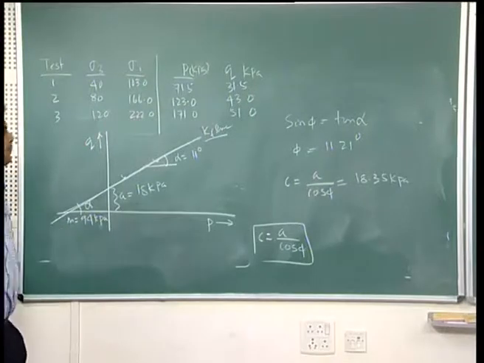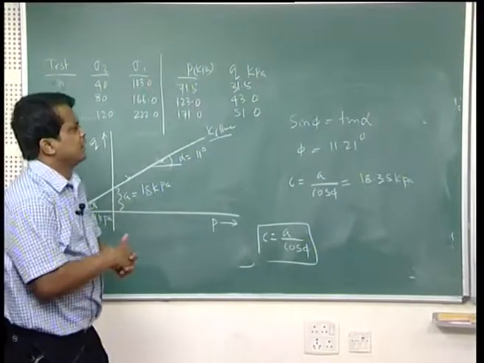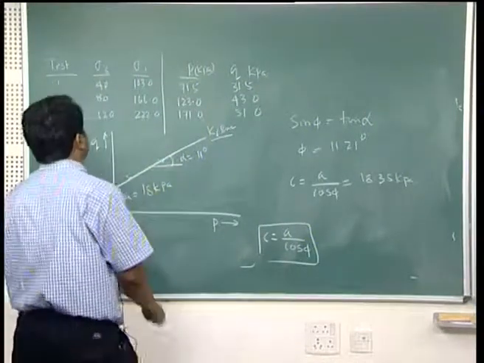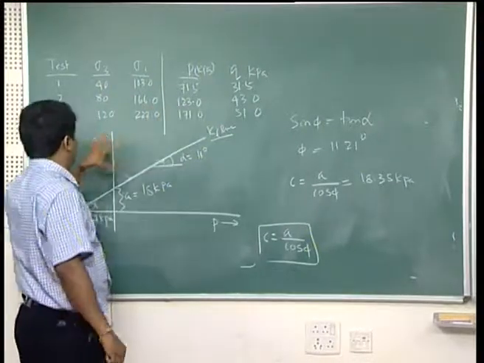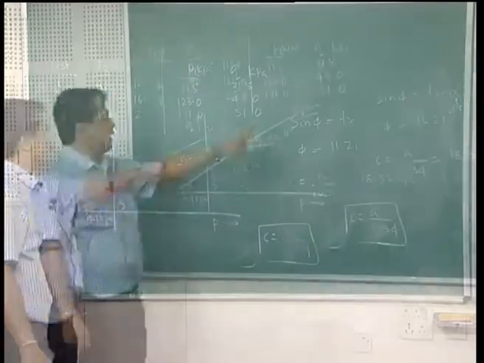That means plotting the Mohr circle every time is cumbersome. So you can convert sigma 1 and sigma 3 into P and Q, then plot the PQ diagram. From the PQ diagram find the KF line.